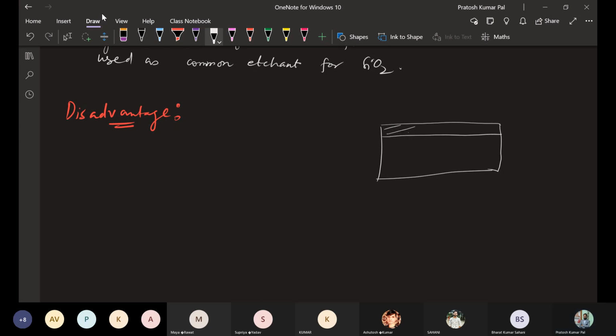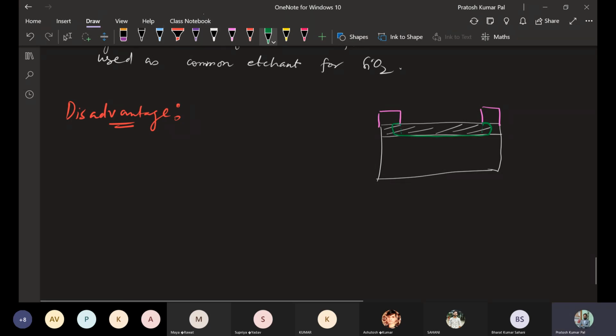This etching is moving with the same pace in all directions. That means it is not direction oriented. It is going to react in all possible directions, so it is going to remove the unwanted regions also. These are not the desired regions, so it has removed extra regions.